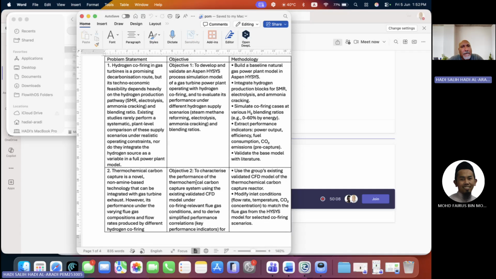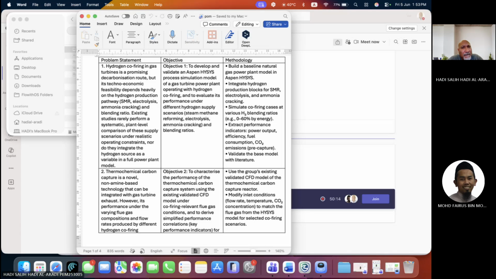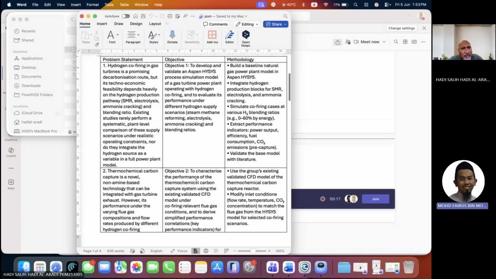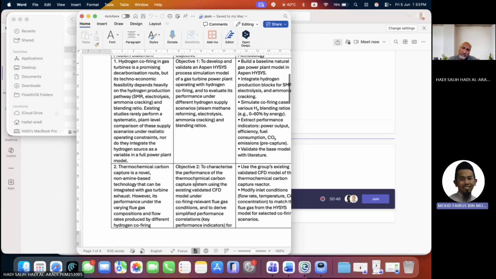Do you need any results from CFD to be included in the Aspen simulation or for the techno-economic analysis? Obviously, we will need input from both CFD and Aspen. I can imagine that. But in particular, that question needs to be answered: how do you relate the CFD results you plan for objective number 2 with what you have in objective 1 on Aspen simulation? That will be an important question.